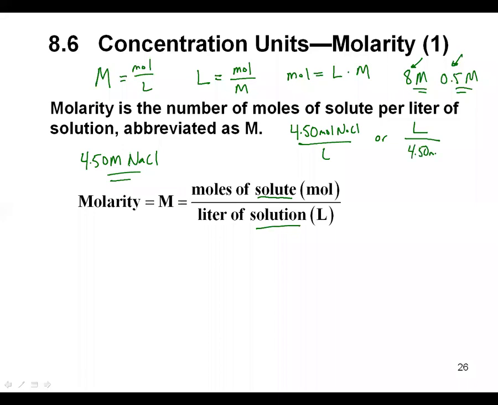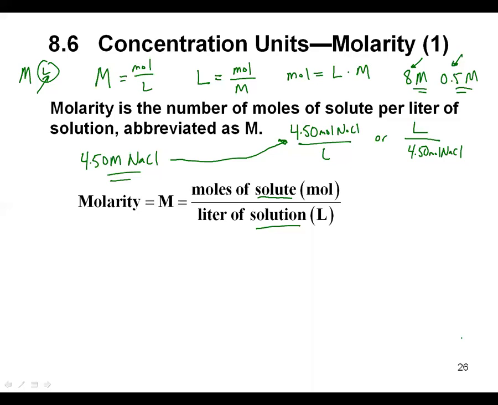The number always stays with the moles part, and it's always per 1 liter when you're using molarity. The reason I highly recommend that you convert it into both of those units is that when people just leave the big M and do calculations, they often forget all about the liters part. They're like, I'm not sure where it is, or how it cancels out. So you can use it like a conversion factor to help you calculate something.